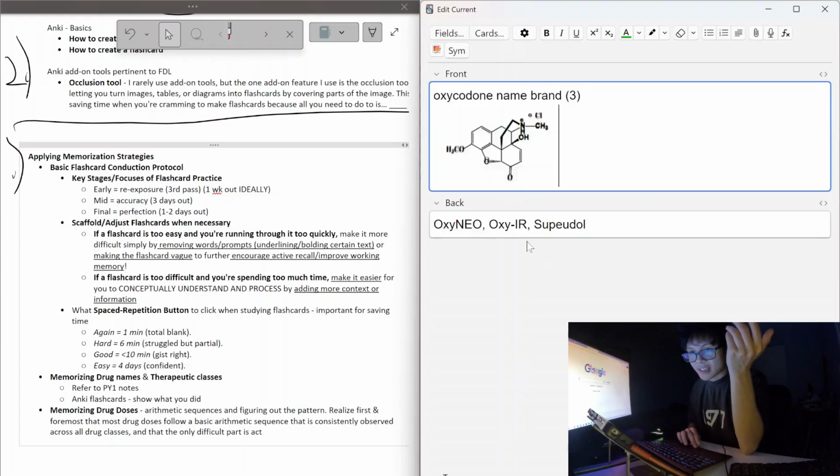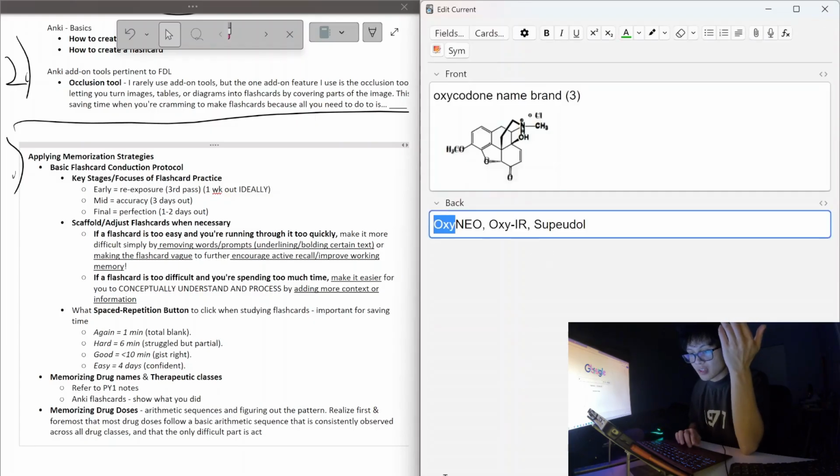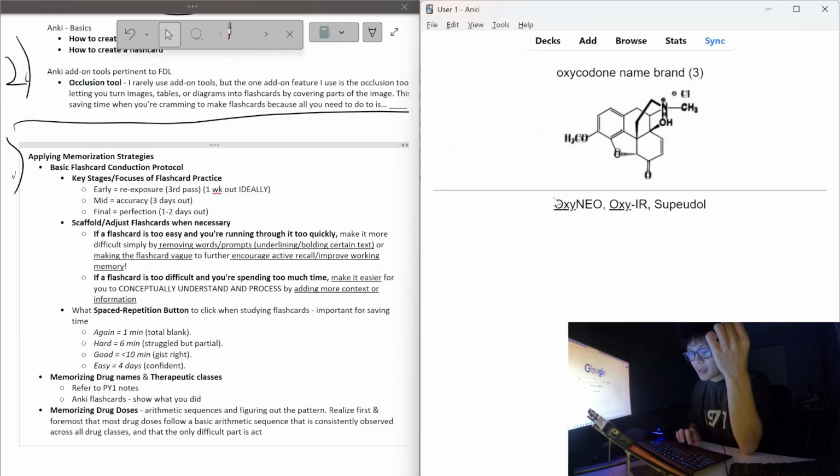So to help facilitate our learning and to make it easier for ourselves, we would scaffold or adjust the card by underlining this text to indicate that a part of the generic name is included in the brand name, specifically Oxy, right? Oxyneo, OxyIR, and Subdeck. 3 brand names. 2 of those brand names have the generic prefix, which is Oxy.